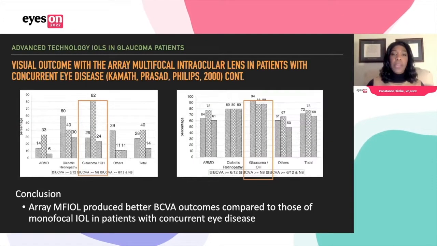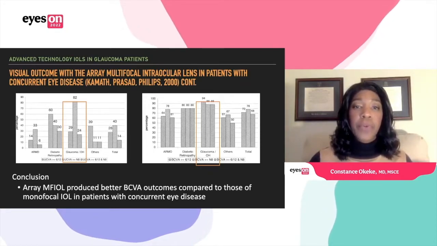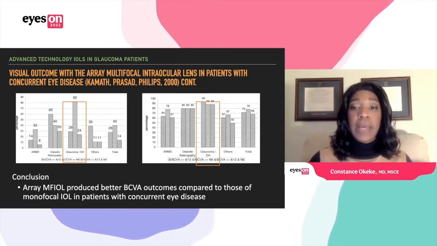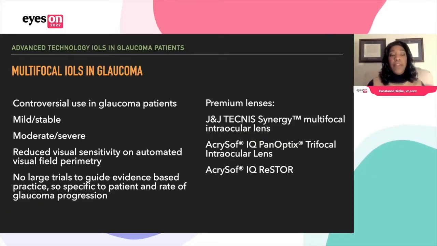And what they were able to find was a benefit in patients who had glaucoma in the first graph, with excellent uncorrected distance vision compared to patients who had monofocal IOLs. The multifocal group also did seem to have better best corrected visual acuity in the arm that had glaucoma. So what we can take from the multifocal lenses in glaucoma is that it is still a bit controversial.